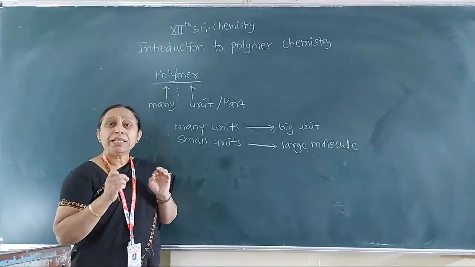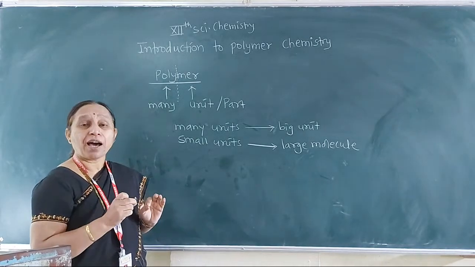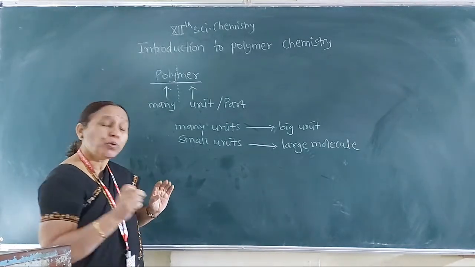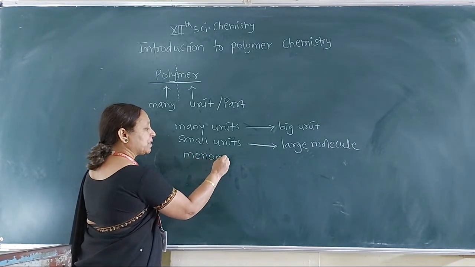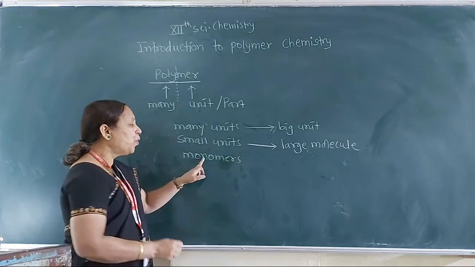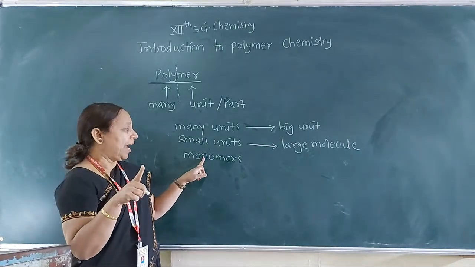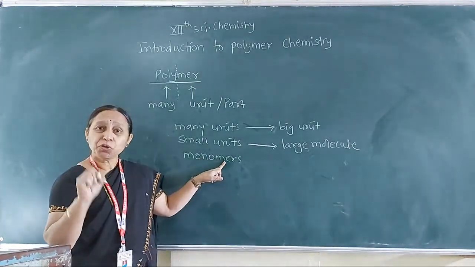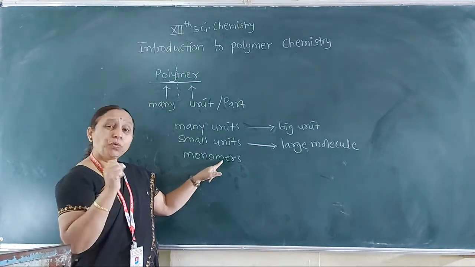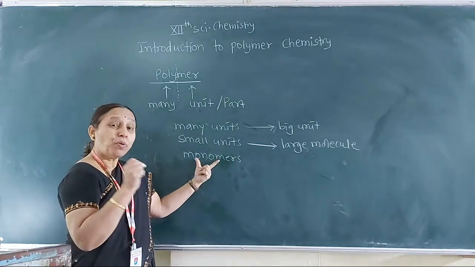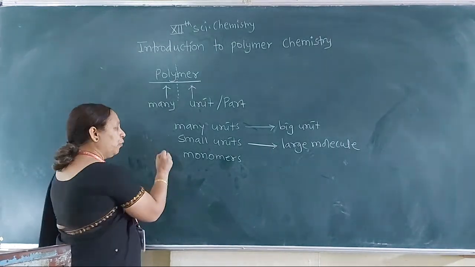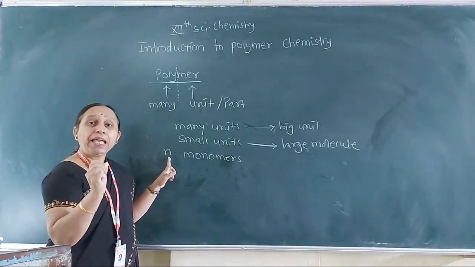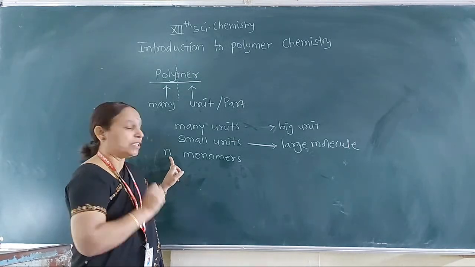These many small units are known as monomers. Mono indicates one and mer means unit. One unit. Such monomers, if they are many, we write as n number of molecules.